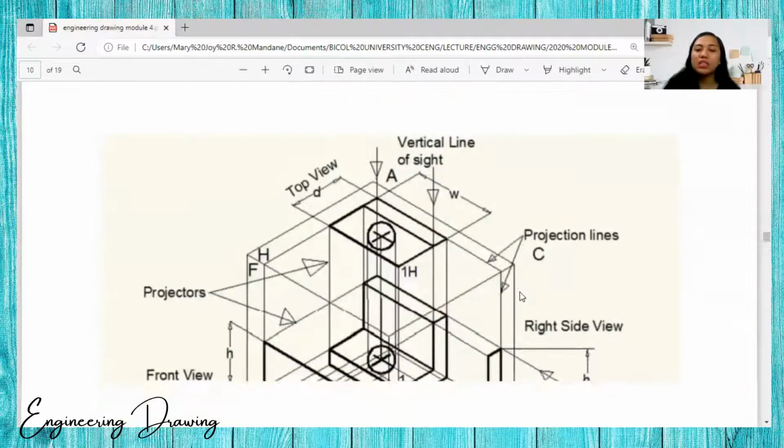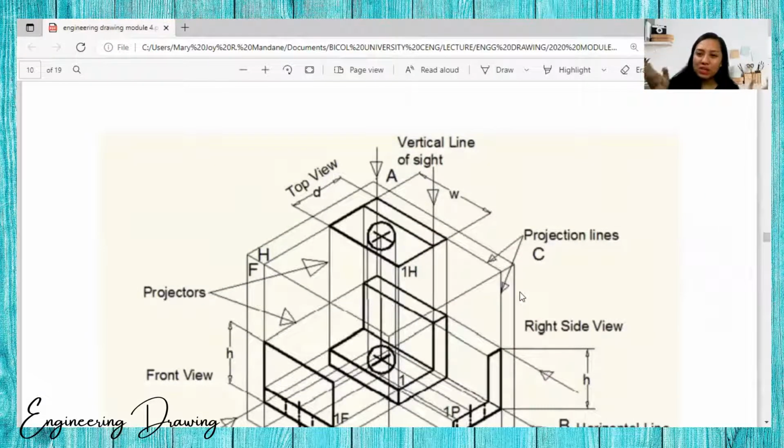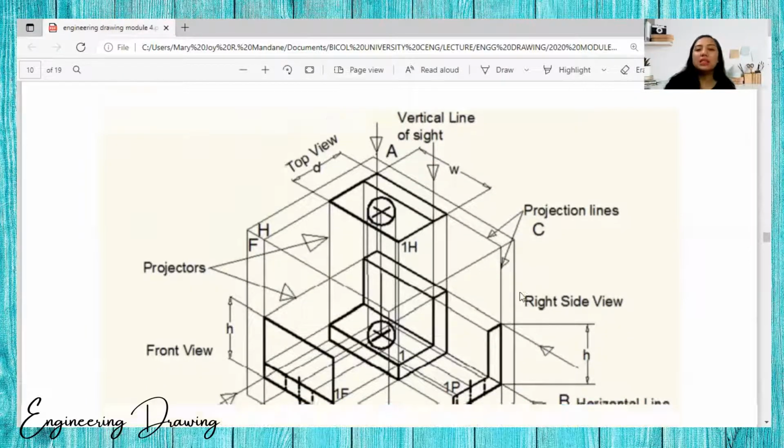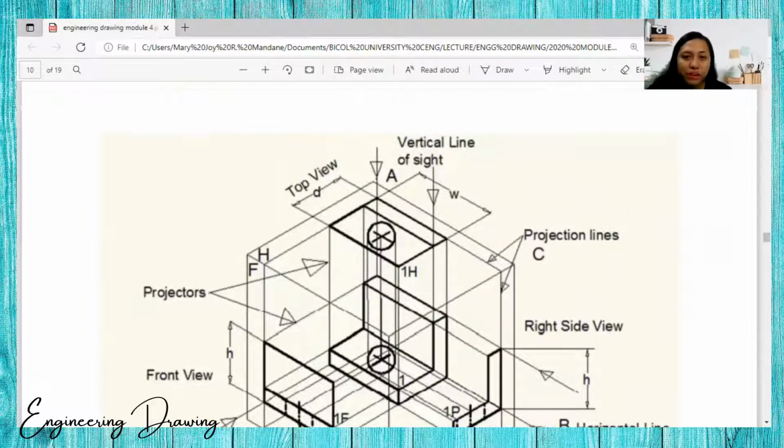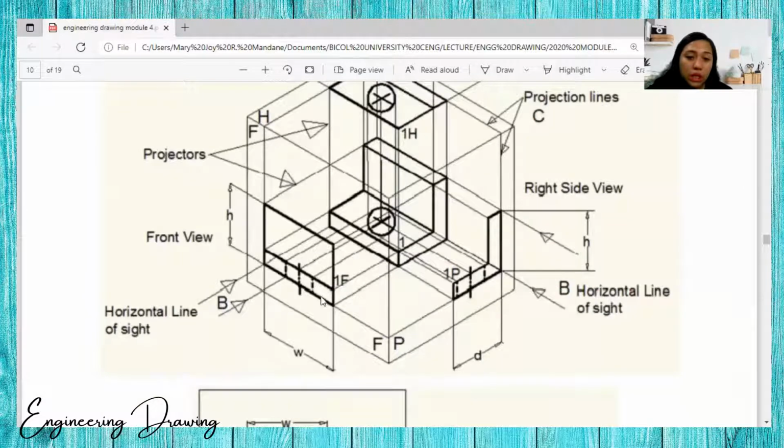So, okay, yung kanina binasa ko, try to imagine this and try to figure out this. As you can see, this is the vertical line of sight natin, and will be the top view, and this will be your front view. This is the front view, the right side view.